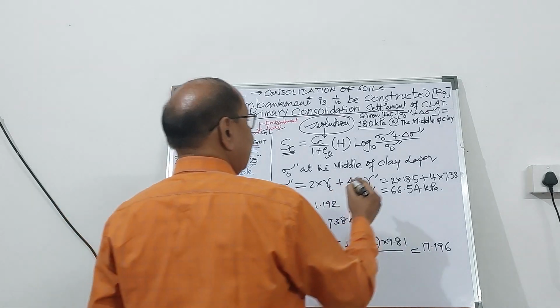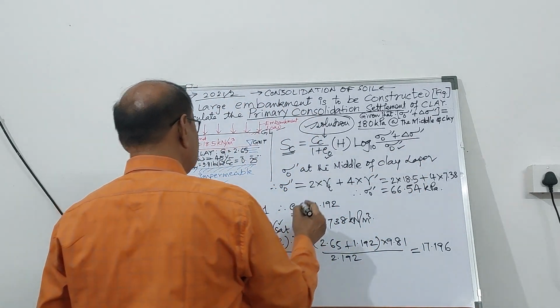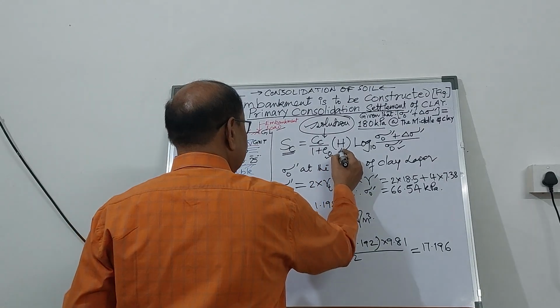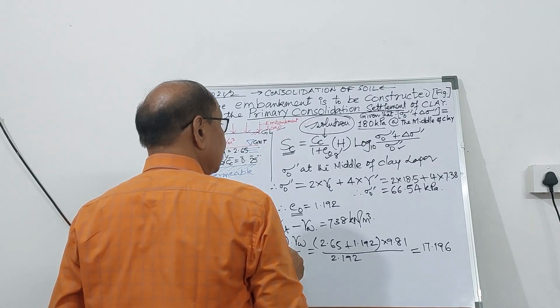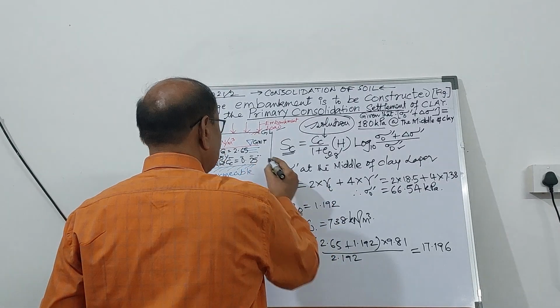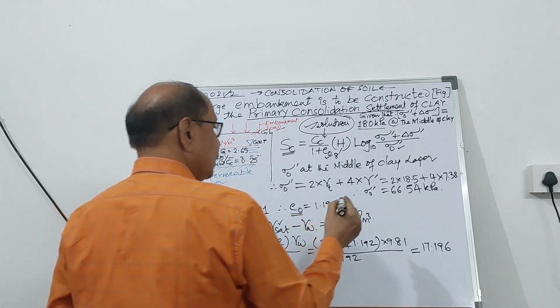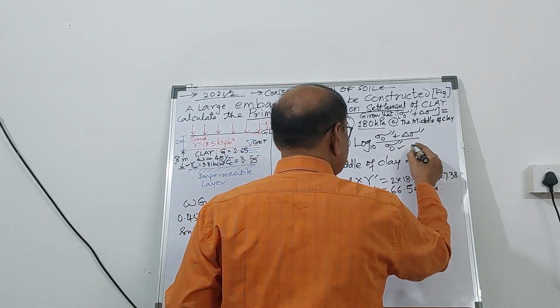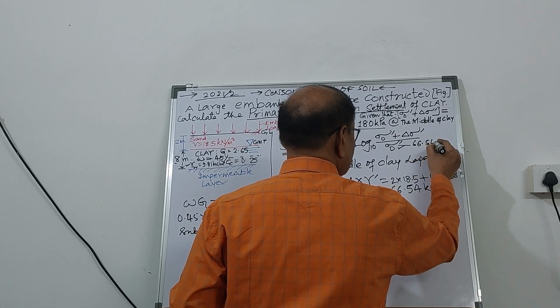So, having got this value, now everything is known to us. H is 8 meter, that is the thickness of the clay stratum. Cc is given to you as 0.25. So, therefore, now it is very simple. This you have already calculated as 66.54.